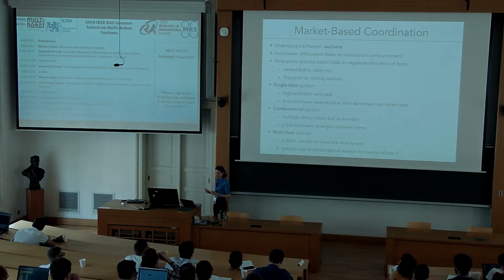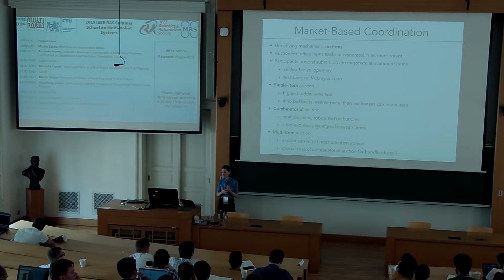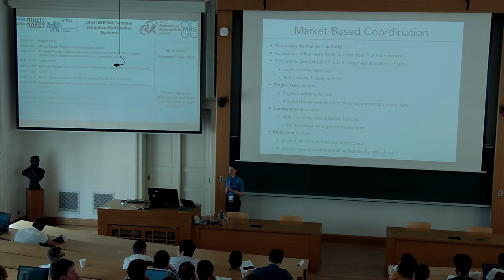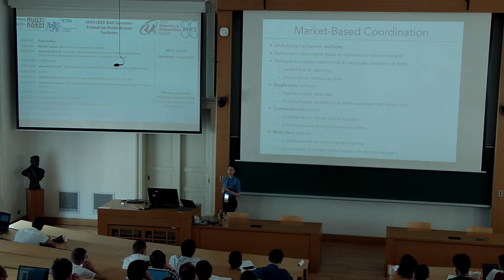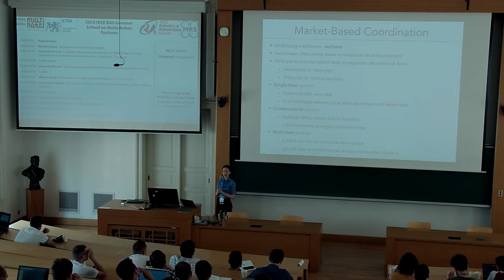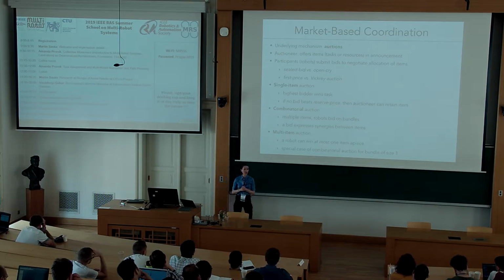And there are different ways of actually implementing these systems. So the bids can be sealed bid versus open cry. So a robot can know about the bids of the other robots in the system, or it can't. Then we can use first price auctions versus Vickrey auctions, which you might be familiar with, where the sales price is the value of the second highest bid. And actually a lot of internet voting mechanisms work with Vickrey auctions.